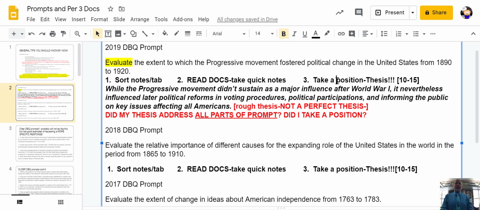Now, if you get words like evaluate or assess or even analyze, if you get those, it's all about you taking a position.